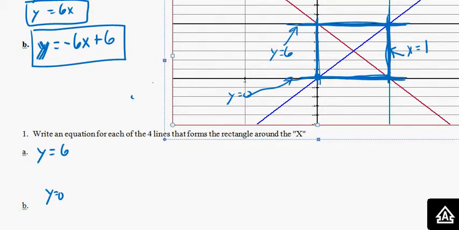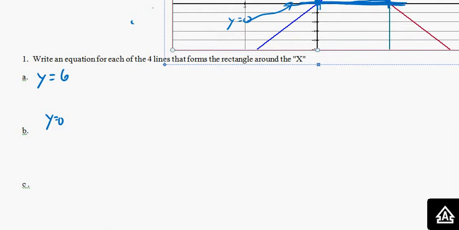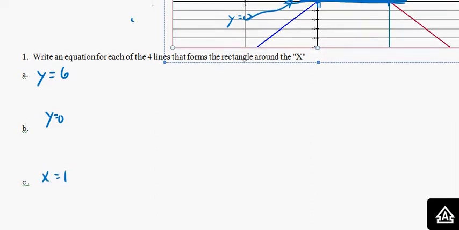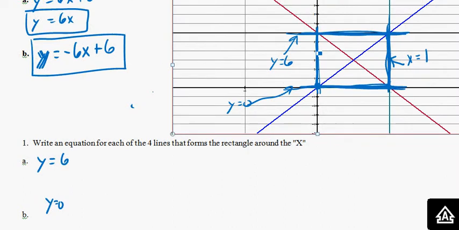So we say that its equation is x equals 1. And for this vertical line here, every single one of its points has an x-coordinate of 0. So its equation is x equals 0.